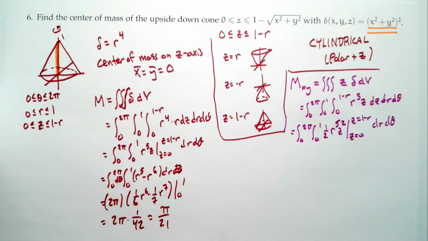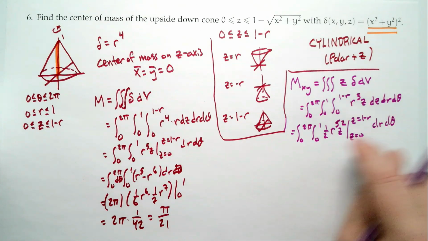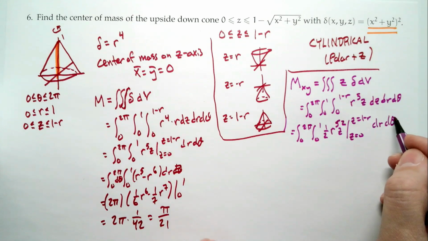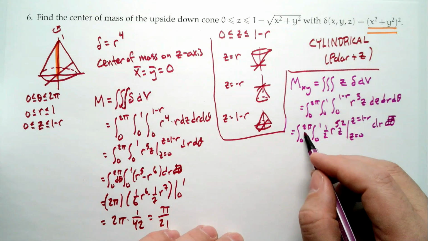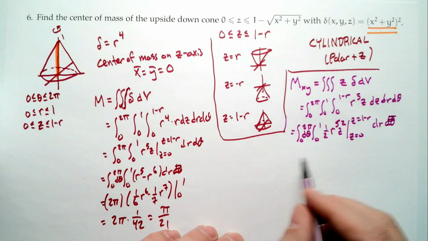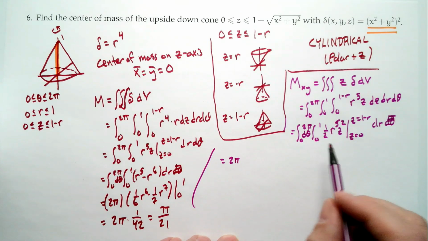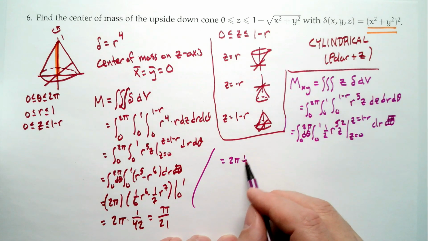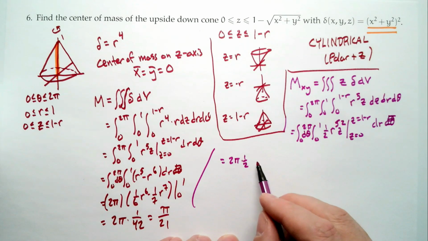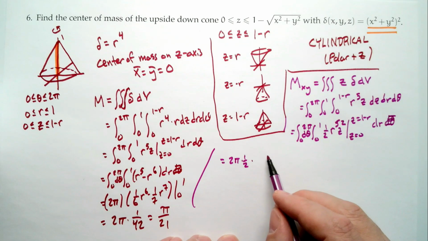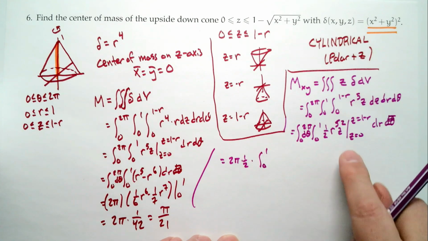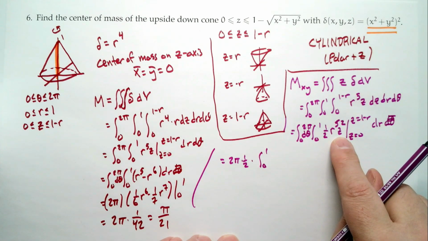Well, we can again do what we talked about before, where really we can do the d theta integral separately. So if you move the d theta over here, there is no theta. So what does that give us? That's 2 pi. Then there's the 1/2, which I'll just put there. And then there's this integral from 0 to 1. So I have to square z squared.